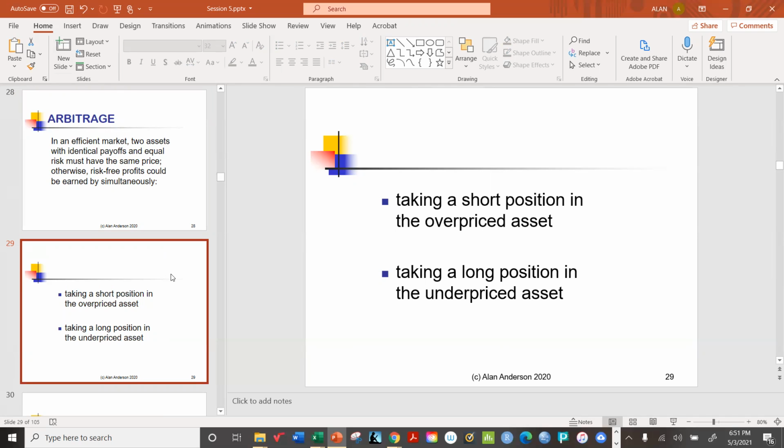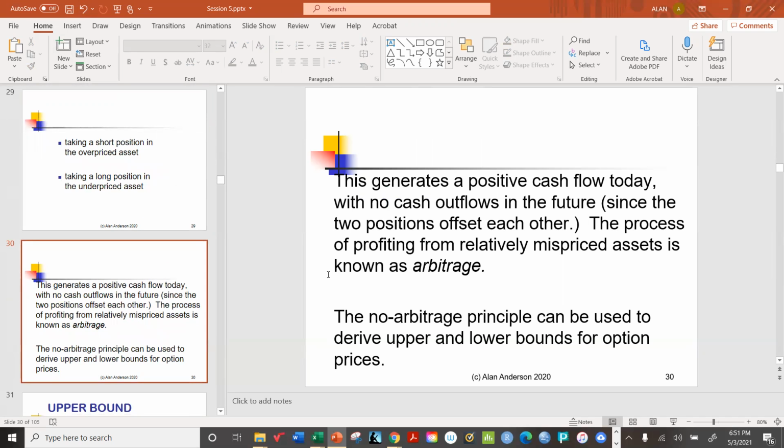Okay, that's a sweet position to be in. So we have a positive cash flow today with no cash outflows in the future because the two positions exactly offset each other. So again, option pricing theory, as we'll see, is heavily dependent on this notion of no arbitrage.